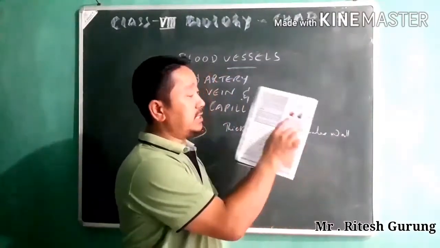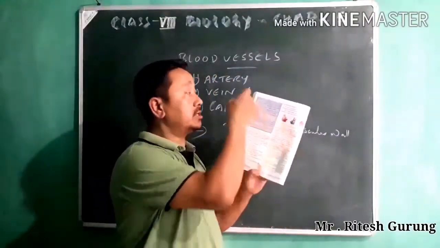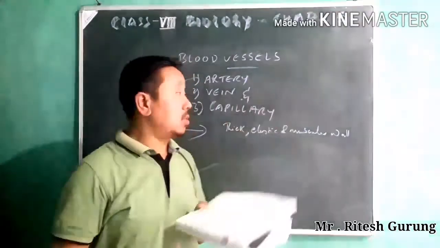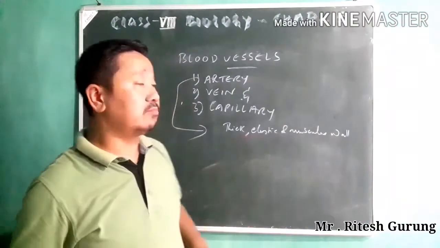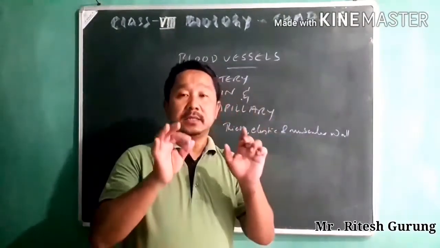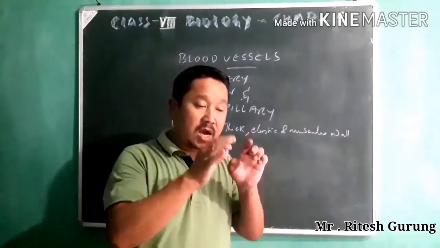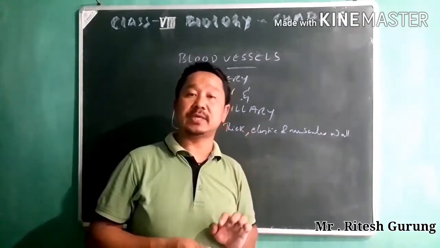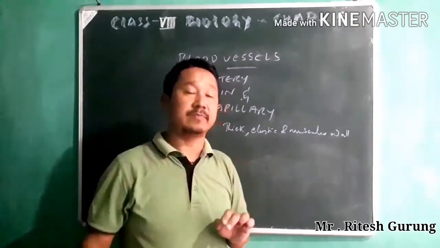Page number 58 is here on the board. Rather than drawing it on the board, I'll just show you in the book itself. Please look at the book. So arteries have a thick, elastic, and muscular wall, and they carry the blood from the heart to the different parts of the body. The function of an artery is to carry the blood from the heart to the different parts of the body.